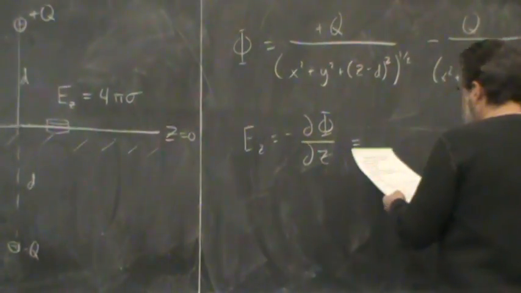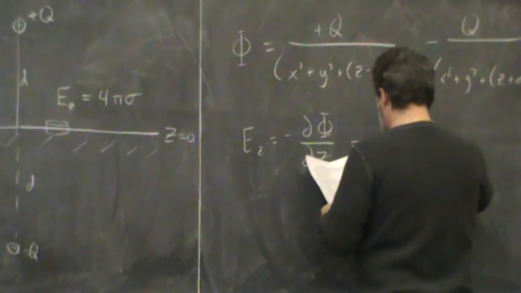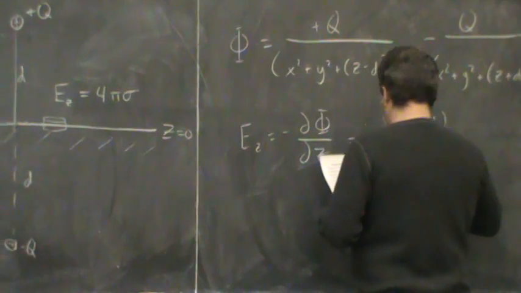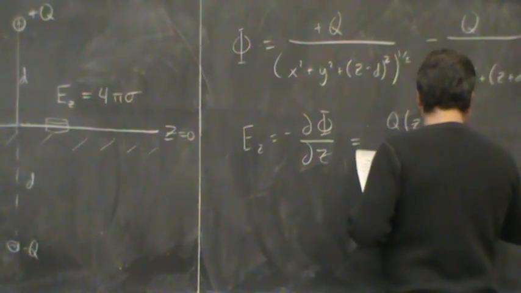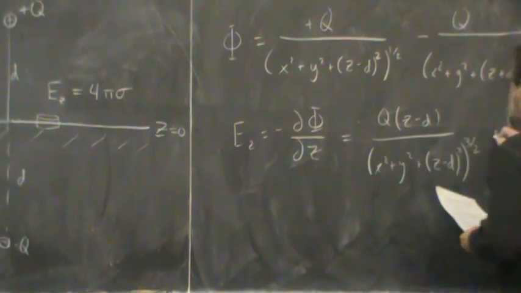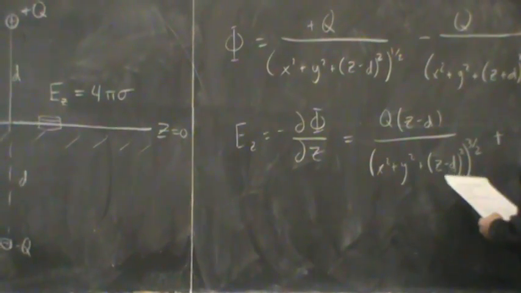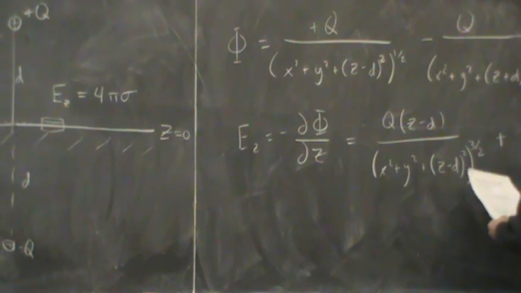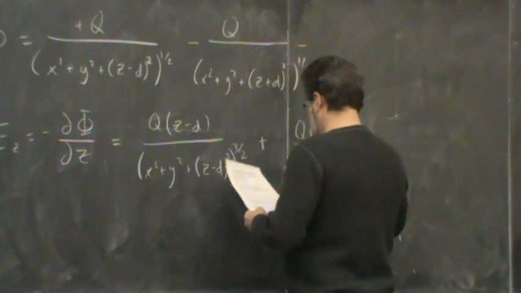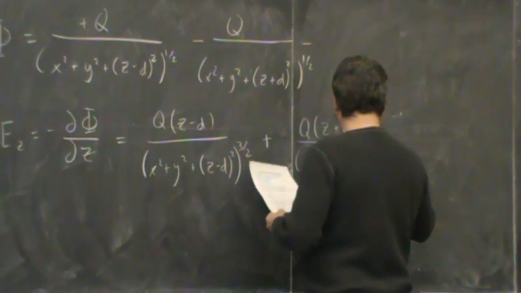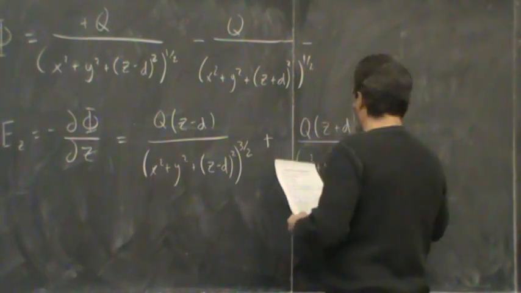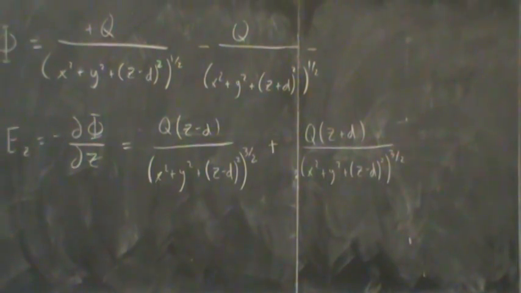And now I can just take my derivatives and I end up with q times z minus d over x squared plus y squared plus z minus d squared with 3/2, plus q times z plus d over x squared plus y squared plus z plus d squared with 3/2. Just doing the arithmetic, okay?